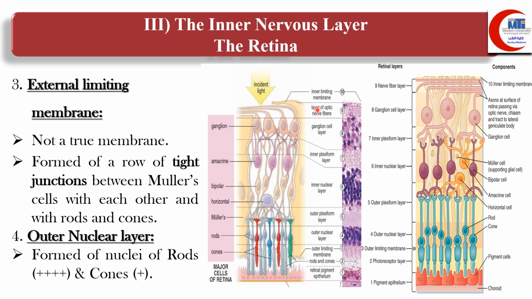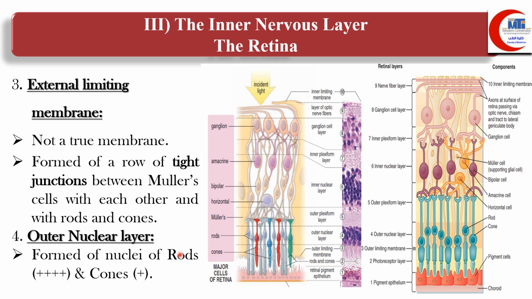So the external limiting membrane, as we mentioned, is not a true membrane. It is formed of a row of tight junctions between the Müller cells with each other and with the rods and cones in between.